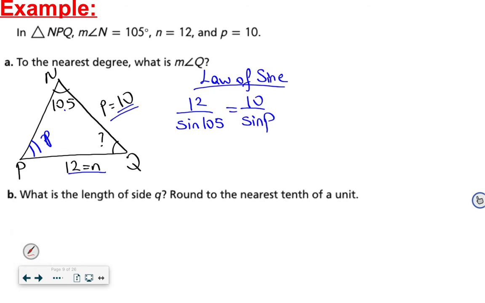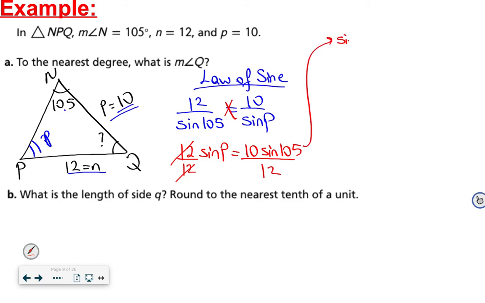If you use cross multiplication, you will get that 12 times sine P will be equal to 10 times sine 105. To be able to get P, divide both sides by 12. Then you will get sine P is equal to, you can also simplify by 2, 5 over 6 times sine 105.